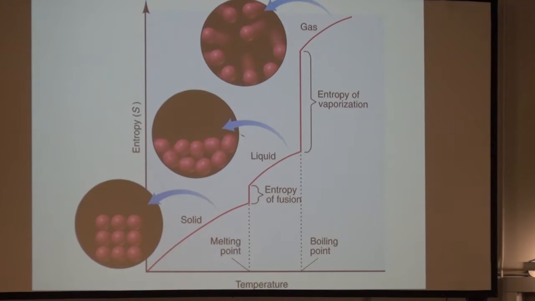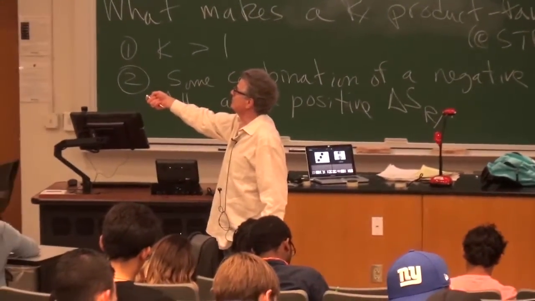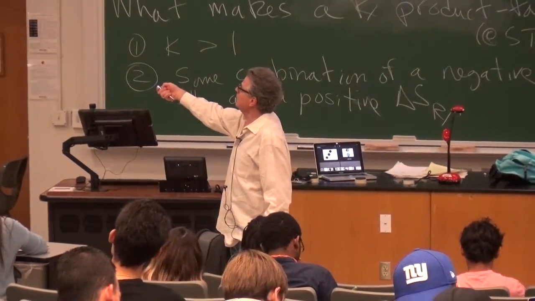Solids are entropy losers. In the solid, the poor atom can't move at all, maybe can vibrate a little, but that's about it. Entropy losers.